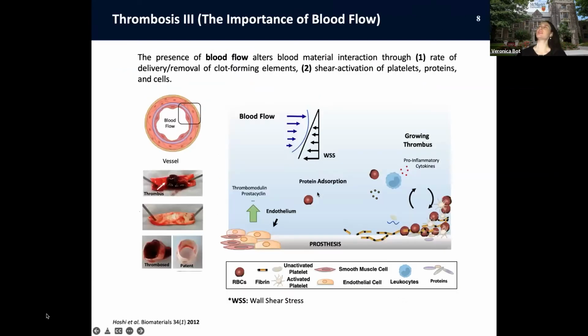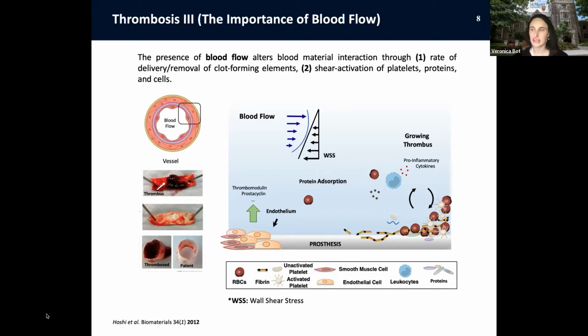It's important to mention as well, like I mentioned a few slides ago, based on Virchow's triad, the presence of altered flow is also an important consideration when we predict or try to understand why some prosthetics perform well and why some don't. So the presence of blood flow really gives the process of blood material interaction a spatial and temporal dimension.